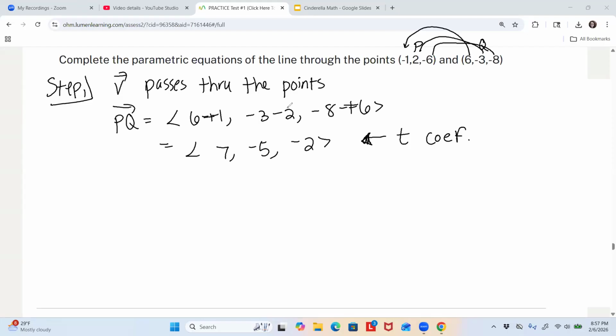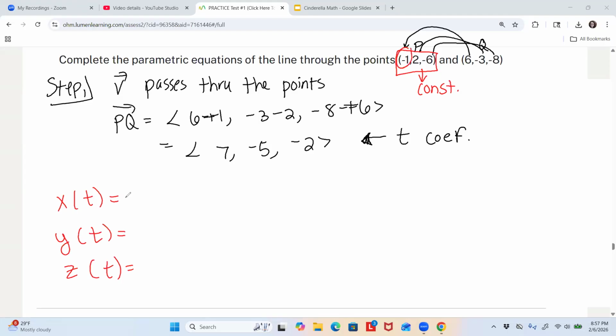And then just pick either point to be your constants. The video I watched to help me with this said usually we just pick the first one. So these are our constants. So now we're going to have 3 answers. We're going to have x in terms of t, y in terms of t, and z in terms of t. So the way the answer key did it is they put their constant down first.